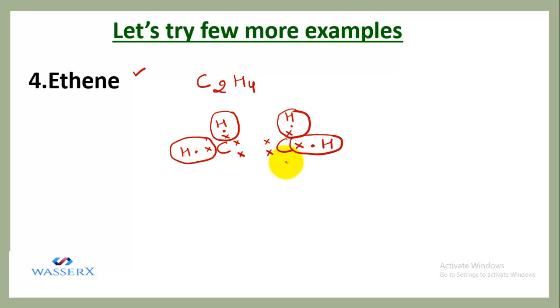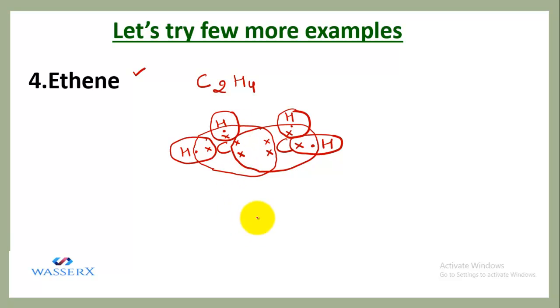Now in order to stabilize this carbon atom, what it will do, it already possesses 4 electrons. 2 it will share with these hydrogens and 2 electrons are contributed by this carbon atom. Similarly, 4 electrons of carbon and 2 electrons of hydrogen, and 2 it is mutually sharing with this carbon atom. So this gives rise to a bond formation in ethene.